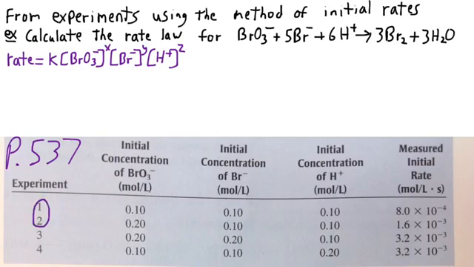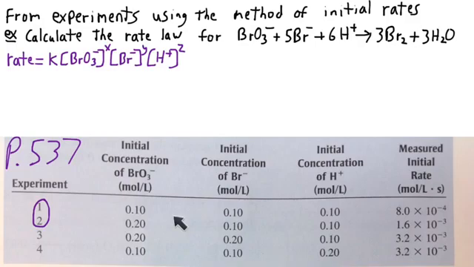So let's look at experiments 1 and 2. In experiments 1 and 2, bromide and H plus are constant and bromate is changing. So we can look at it just qualitatively now, like what's doubling, what's quadrupling, what's going down by a factor of half, that kind of thinking instead of math equations first.